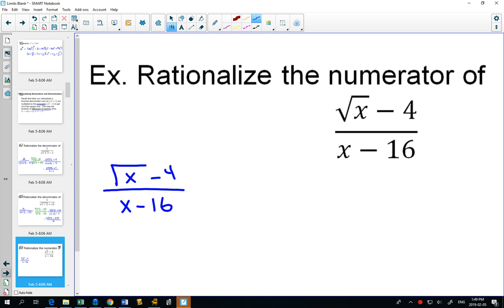And my question is for you, what happens when you plug in 16? It's equal to 0? Are you allowed to divide by 0? Got a little bit of a problem there, don't we? If I plug in 16, I'm going to divide by 0.